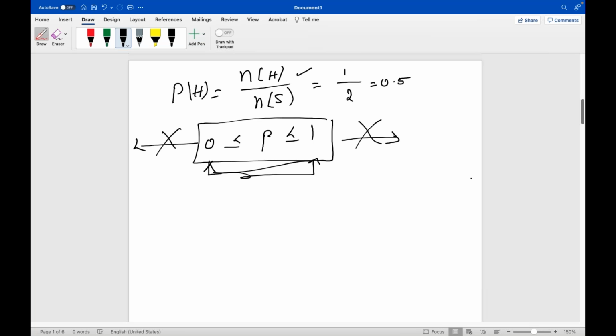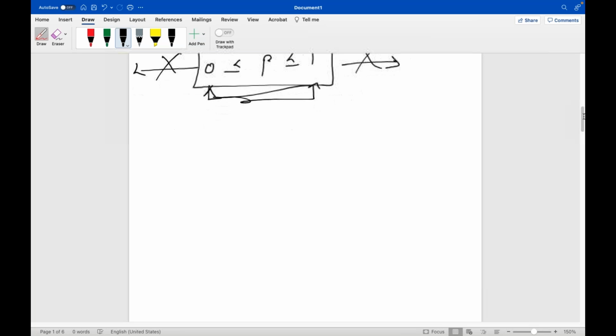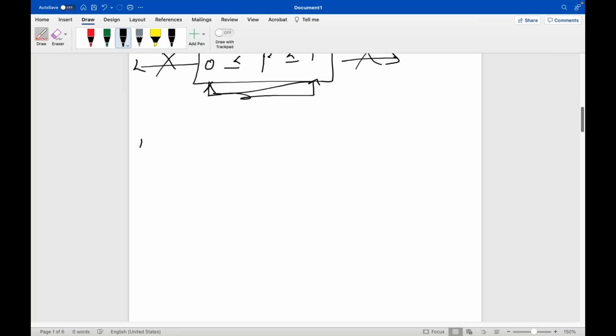Okay. Now, let's take one more example. Usually we can see this kind of question, guys. For example, you roll one particular die. When you roll one die, the die has 6 faces, right? One face will be 1, the second face 2, and 3, 4, 5, and 6.